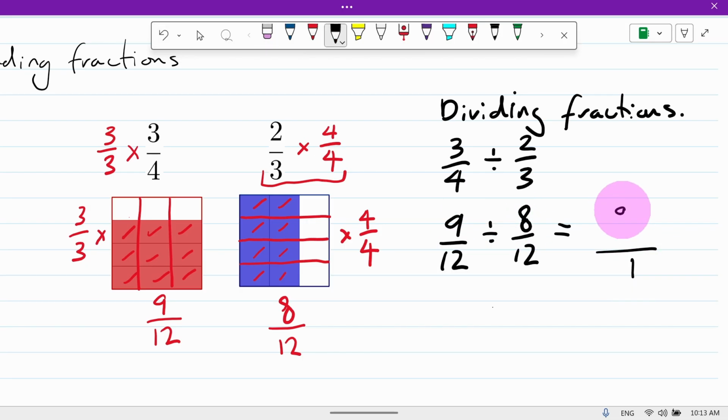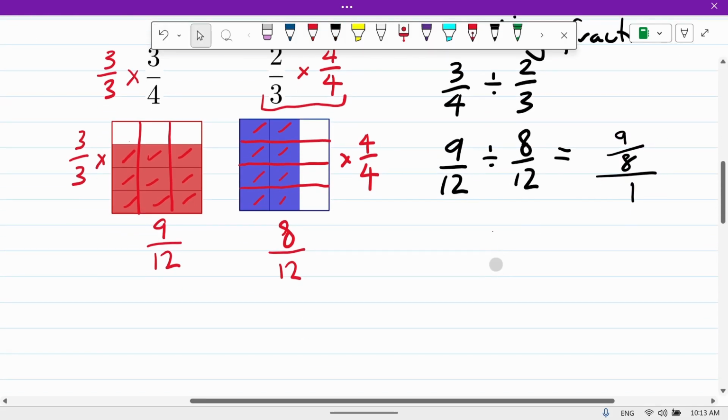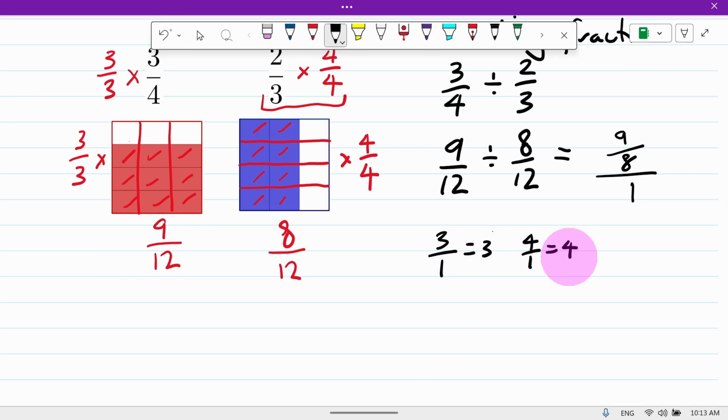So we could write it as 9 divided by 8. And we know that 3 divided by 1 equals 3. 4 divided by 1 equals 4. So 9 divided by 8 divided by 1, which equals 9 divided by 8.